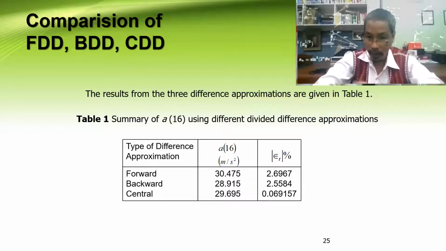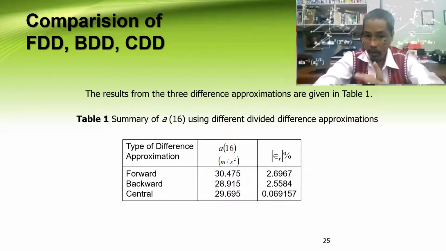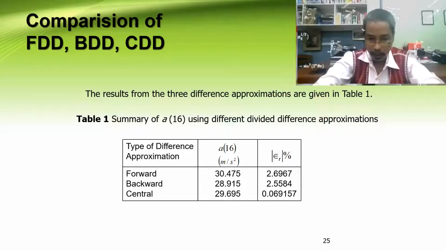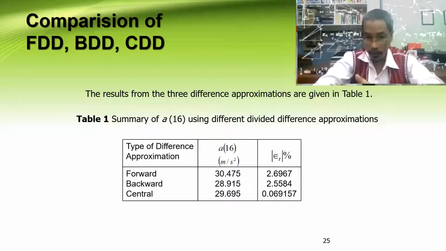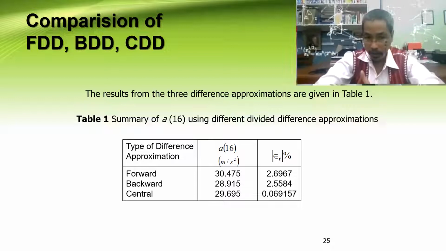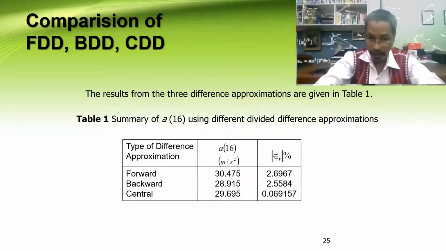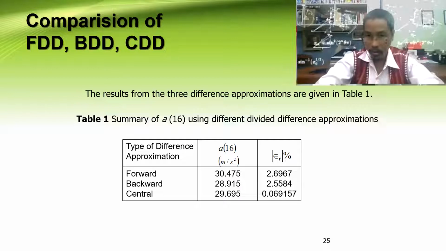But in this particular example, the result gives us, and we can make a conclusion that in this particular example, central divided difference, CDD, is the best method.